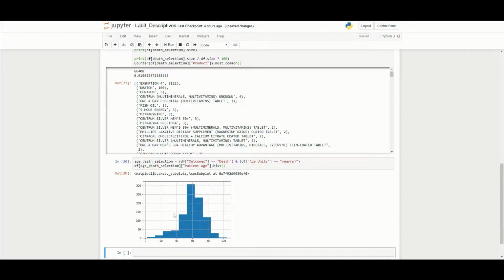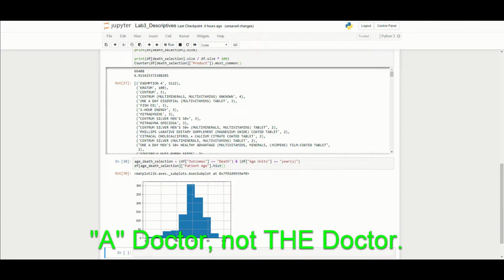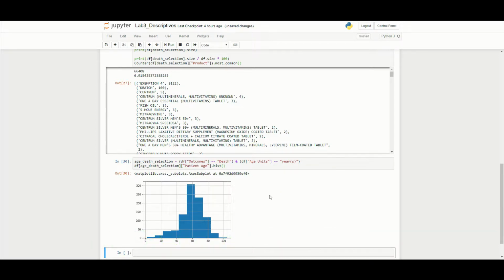They are one of the best ways to describe a single variable, but frequently we need quicker things. So let's say I am a doctor and I want to get a better idea of when individuals are most at risk for dying to some sort of food-related issue. I could look at this histogram, but it's hard to communicate information using thousands of histograms when you might have a lot of different questions.